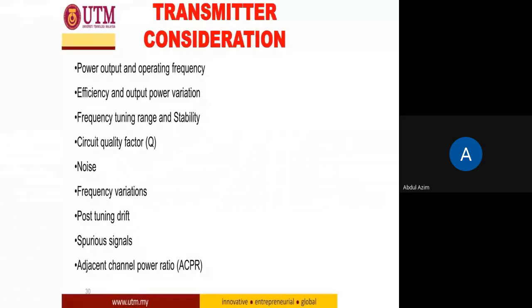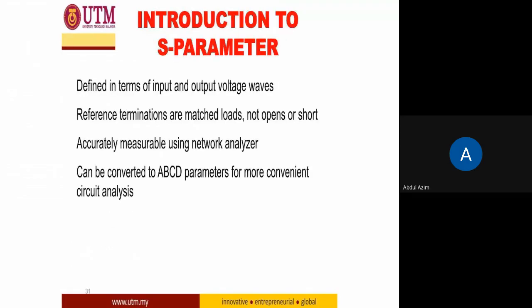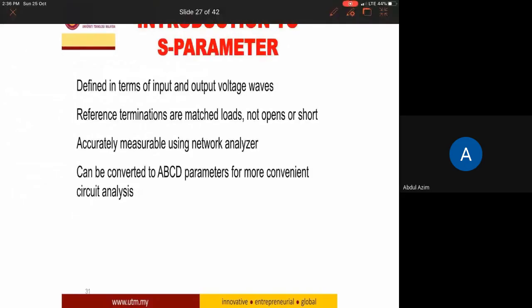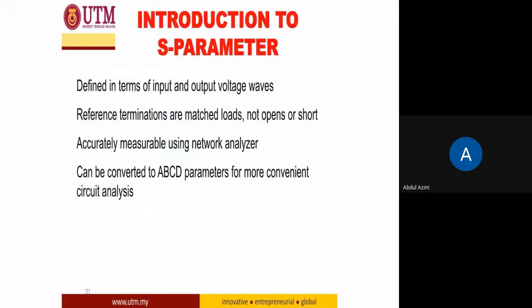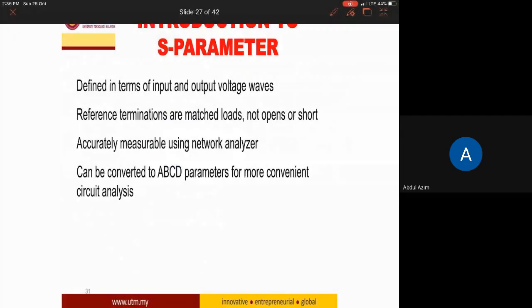And what equipment is used to measure the S parameter? The equipment used is what we call the network analyzer. So this is the equipment used. If you are here, maybe you can come in 2000.